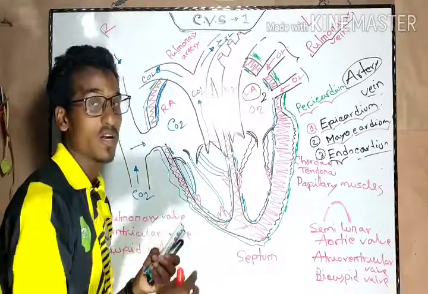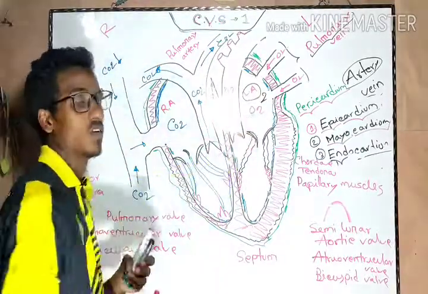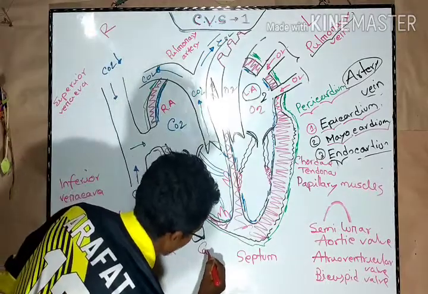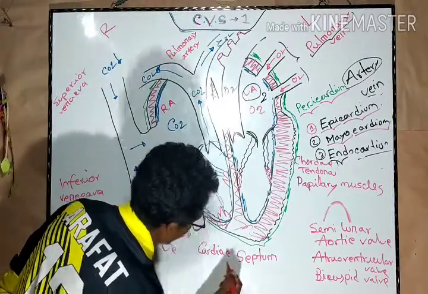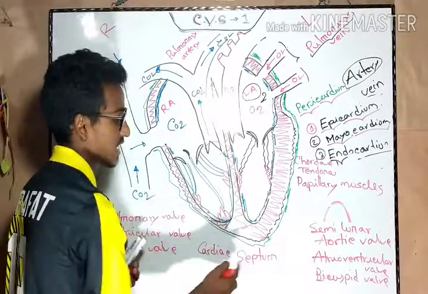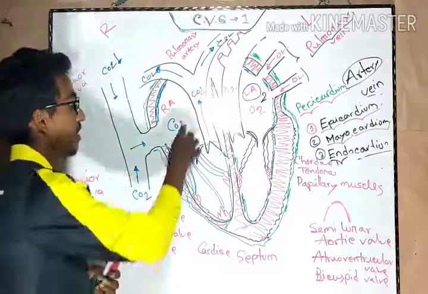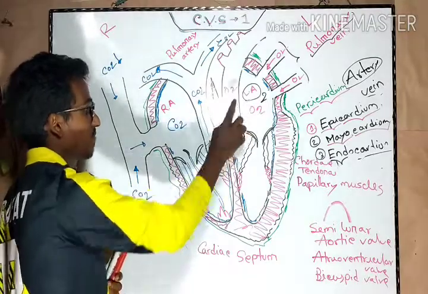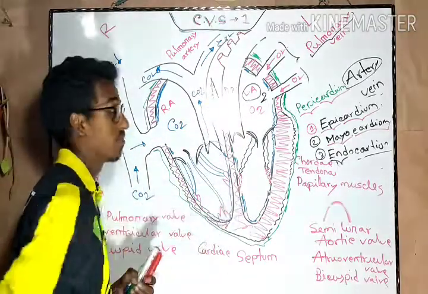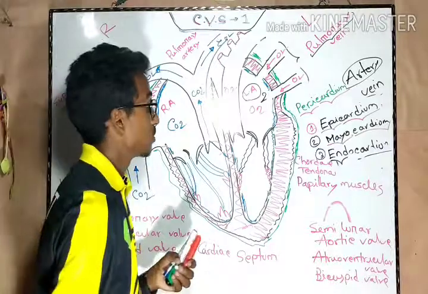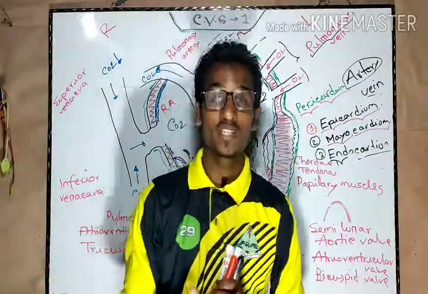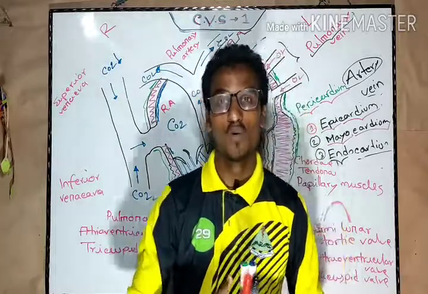This structure separates the heart, so it is called the cardiac septum. In the atria, this is the atrial septum and this is the ventricular septum. So this is the whole anatomical structure and the blood flow through the heart.